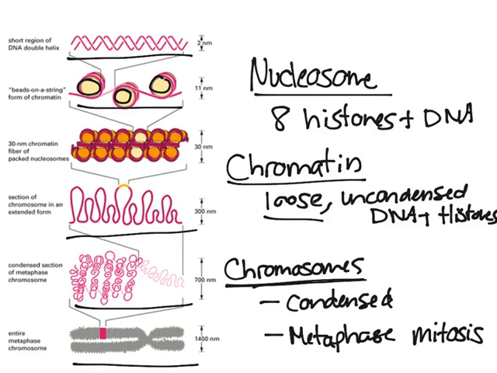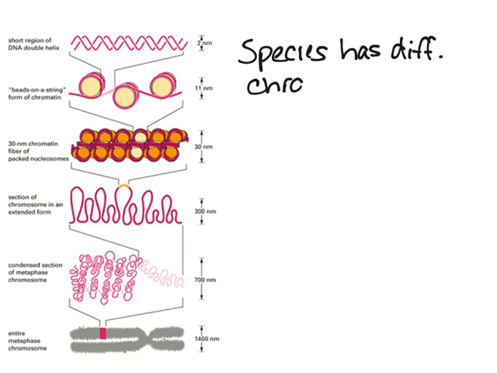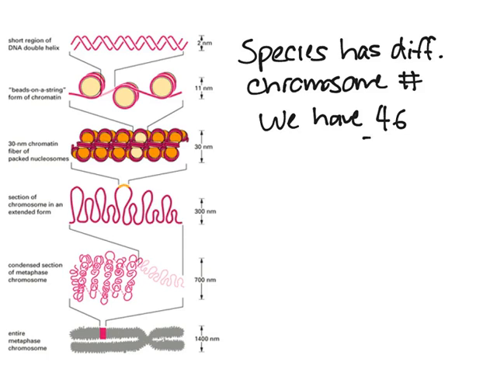And so now let me clear this. And so it's important to remember that every species has different chromosome numbers. And that means the number of chromosomes we have. So we have 46, and the number of chromosomes does not necessarily determine how smart or how well developed something is.